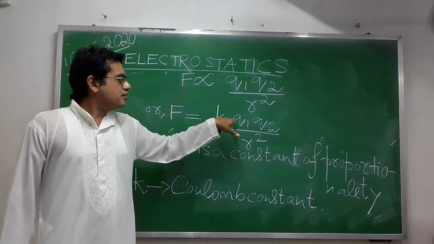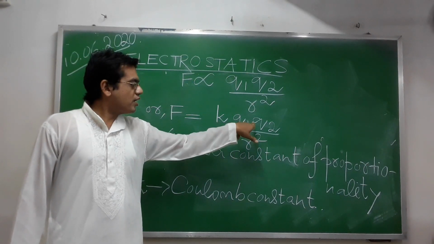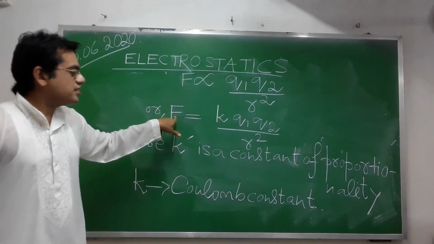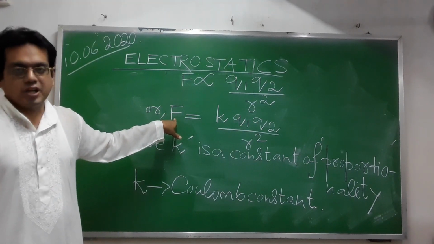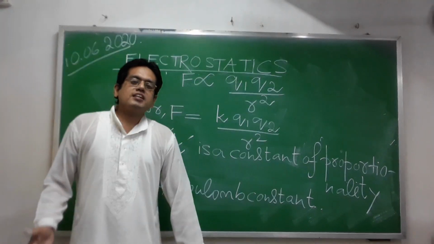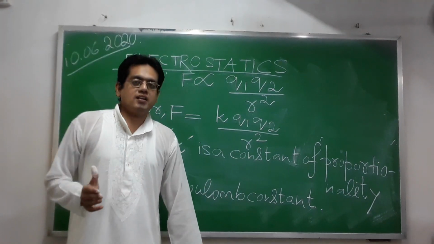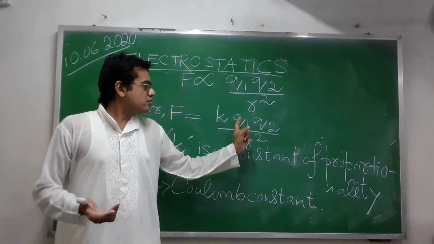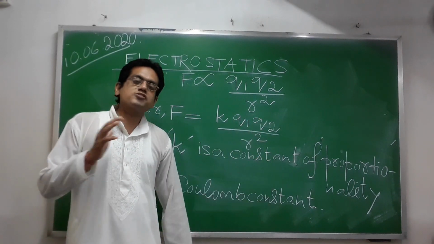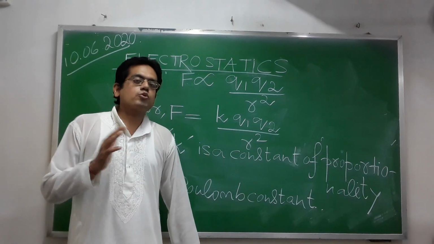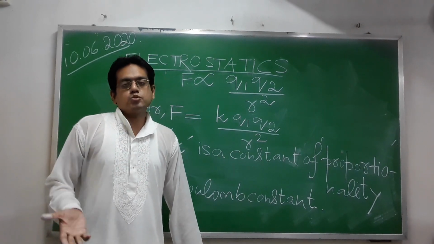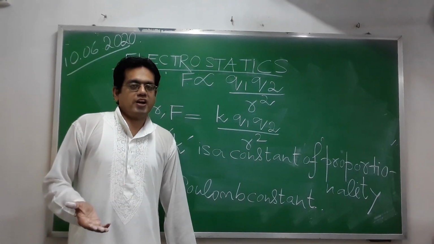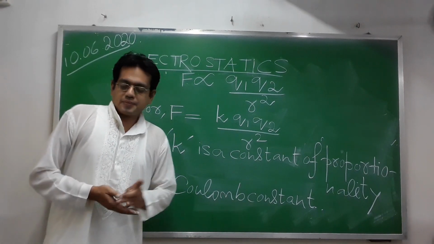Again, if both Q1 and Q2 are negative, then again it will be a force of repulsion, because we know very well that like charges repel and unlike charges attract. So if the two charges are of similar nature, there will be a force of repulsion, and if the two charges are of opposite nature, there will be a force of attraction.